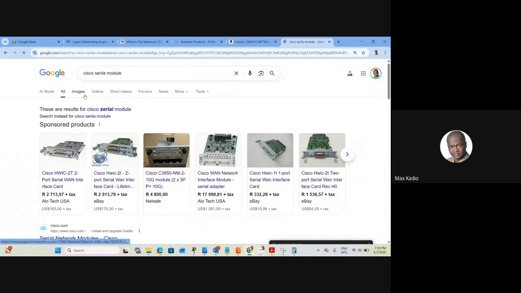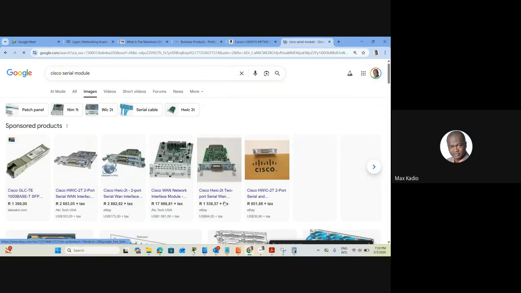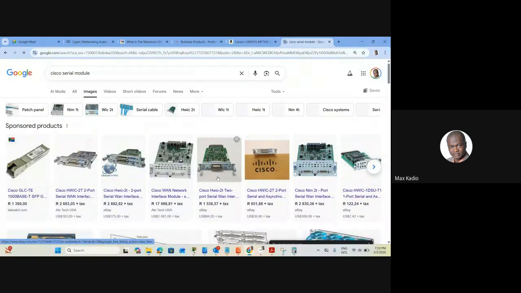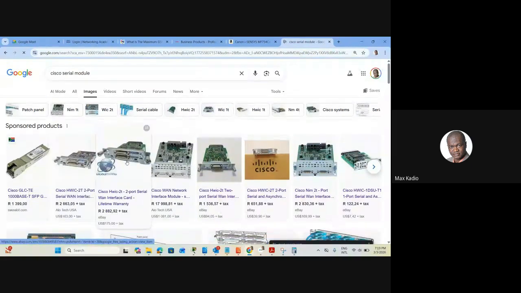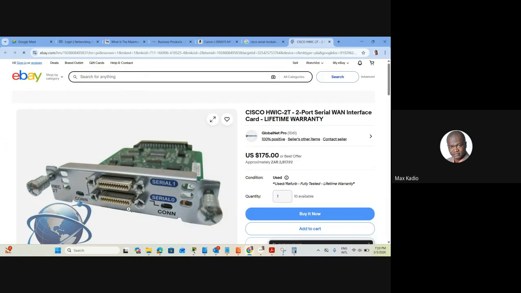You go to images. Which one's the best? Okay, let me take this one. Yeah, you see, you buy the serial module, you can see.